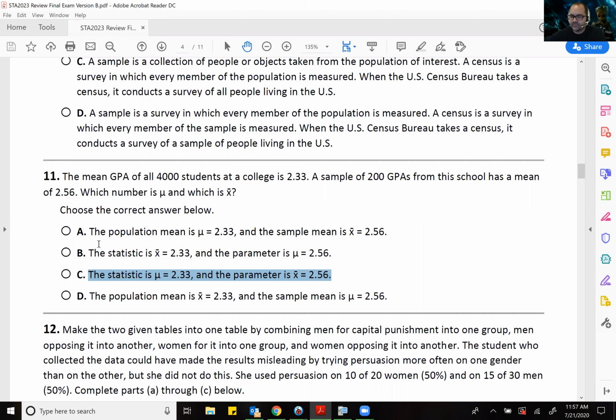The population mean, or you could also call that parameter, is mu equal to 2.33, and the sample mean, or you could also call that a statistic, is X bar equal to 2.56.